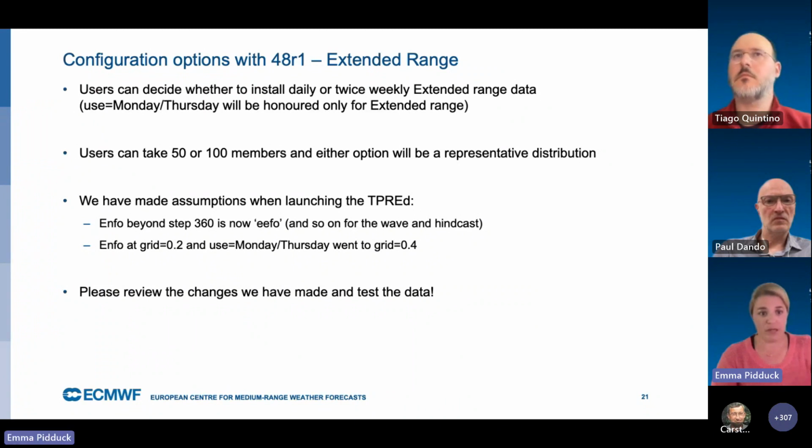Any ENFO streams at grid equals 0.2 or equivalent and use equals Monday were moved to grid equals 0.4. And this is to make sure that the ENS extended data under EFO is produced at 36 kilometers. So there have been changes to your requirements on your behalf. And again, make sure you check these out and test the data that you're getting.